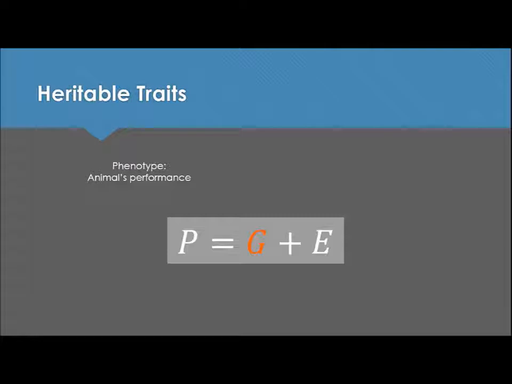Calving ease, sure, that's a great one. Growth, weaning weight, perfect. Those are all fantastic examples. So actual weights, anything we might go out and physically record on those animals, or even things like weight ratios would all be examples of phenotypes.